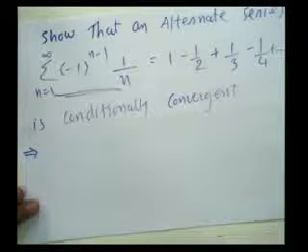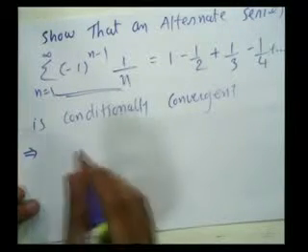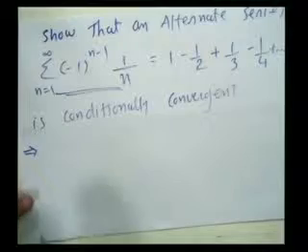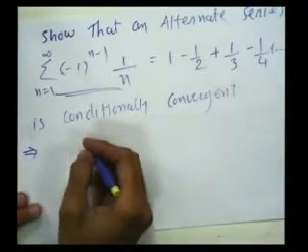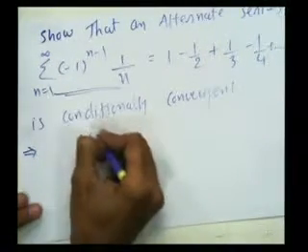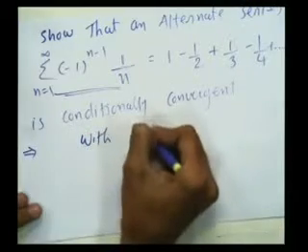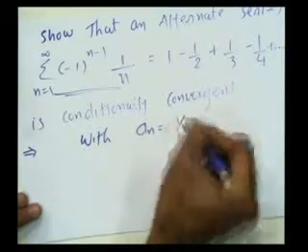First we will prove that this alternate series is convergent. Here this is the alternate series with a_n equal to 1 upon n.